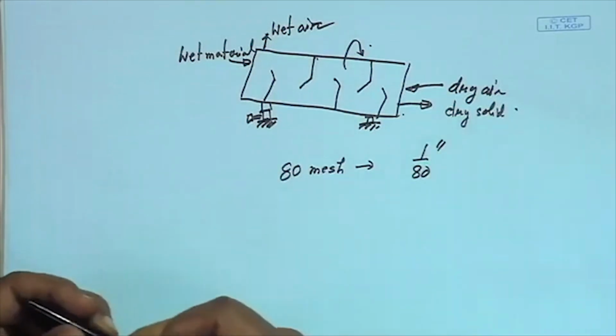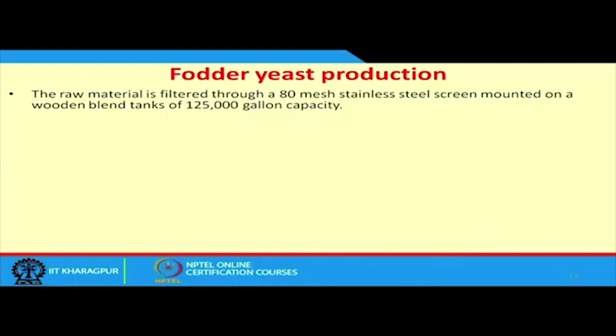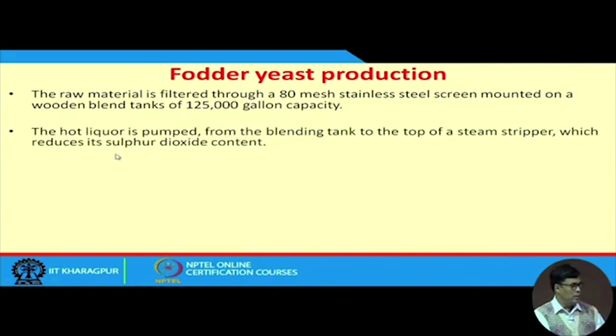This is the pore size of that sieving mesh, approximately, not exactly. The hot liquid is pumped from the blending tank to the top of the steam stripper, which reduces the sulfur dioxide content. I explained how it is done.